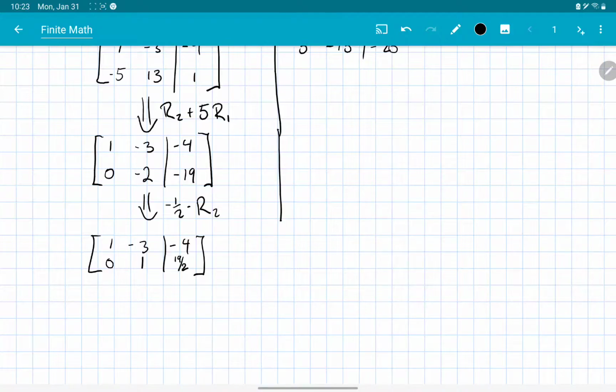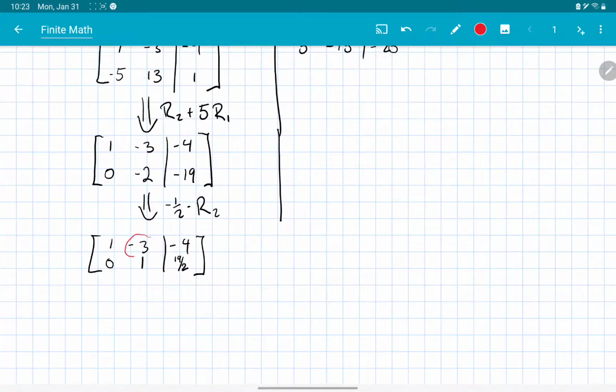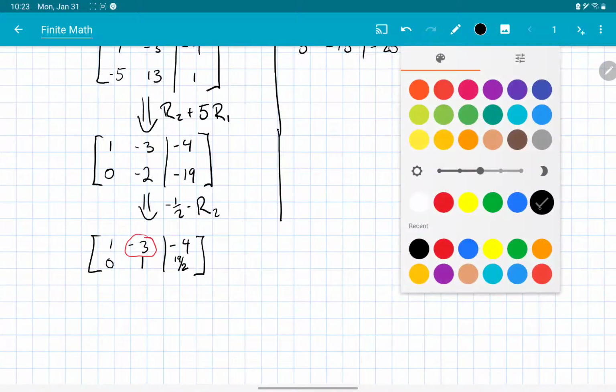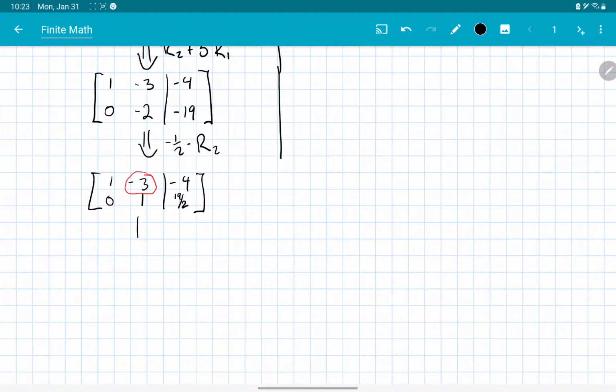Now the only thing I need to do is eliminate that negative 3 there, and then I'll be good. So I need to multiply 3 times row 2 and add it to row 1. If I multiply row 2 by 3 and add it to row 1, that will eliminate that negative 3.